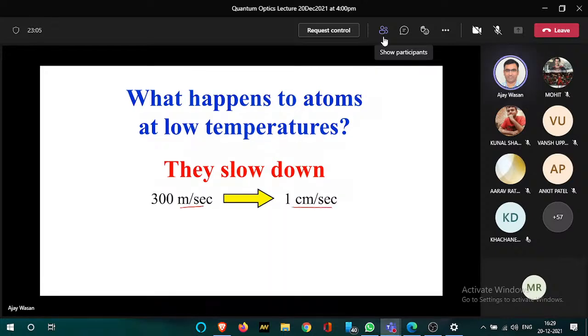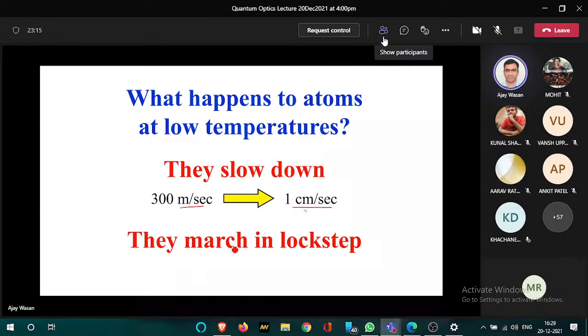That much the temperature reduces. Even we can go lower than this. Once this happens, all the atoms behave in the same way. That's why I have written here, they march in lockstep. All the atoms behave in the same way.